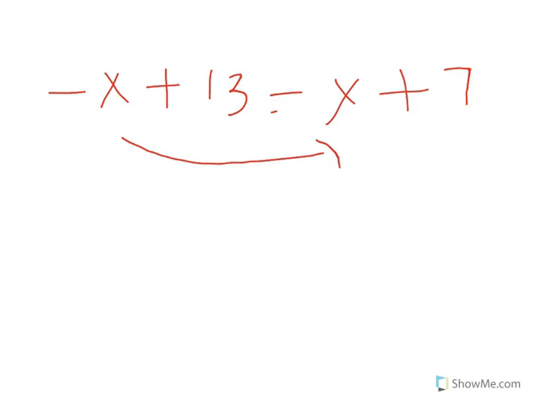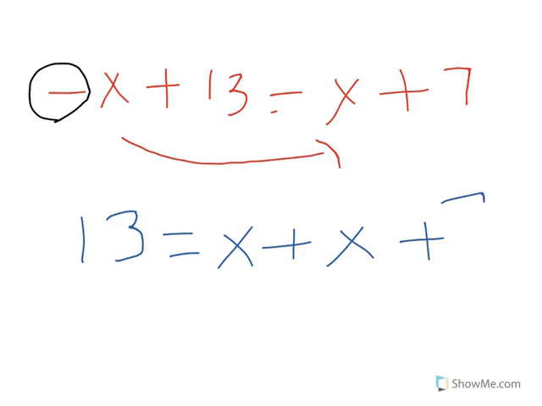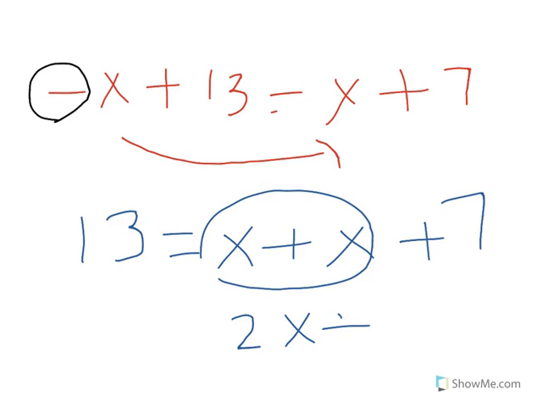When I bring it over the equals, I have to change the sign of x to plus, so it should be opposite when I bring it over. So I'll say 13 equals x plus x plus 7. So I'll add the two x's to 2x plus 7. I'll rewrite that: 13 equals 2x plus 7.